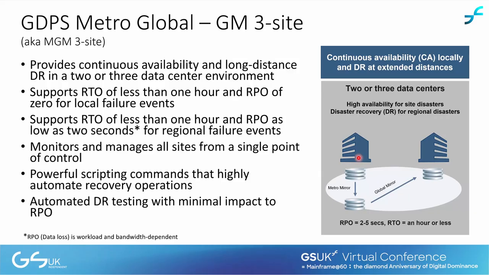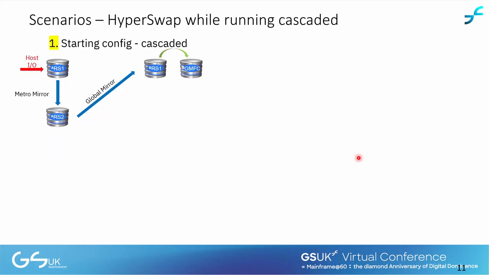So let's go through some scenarios on how the GDPS GM3 site would work. One thing I did not mention about Metro Mirror is that it allows us to utilize HyperSwap capabilities.